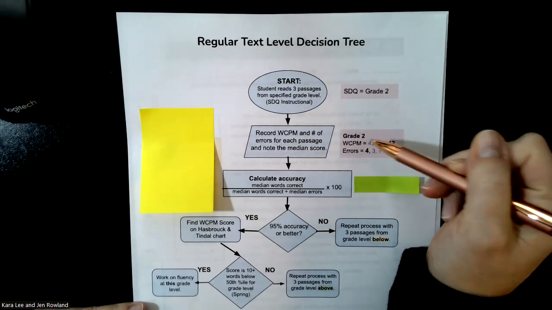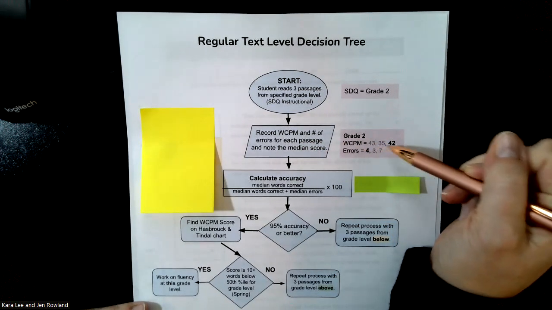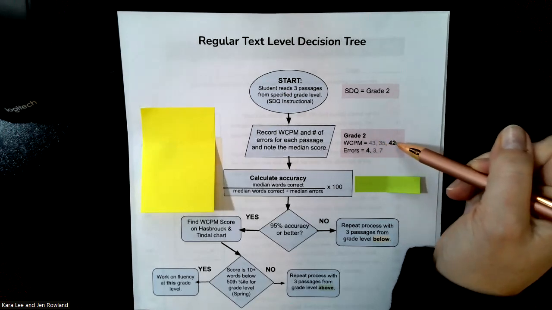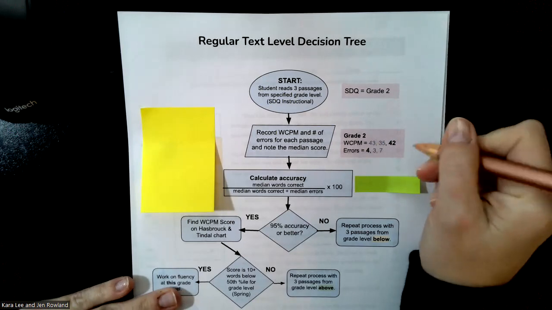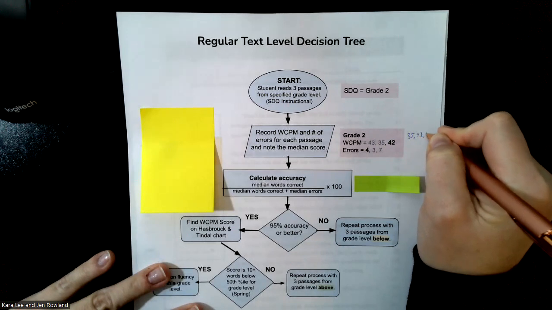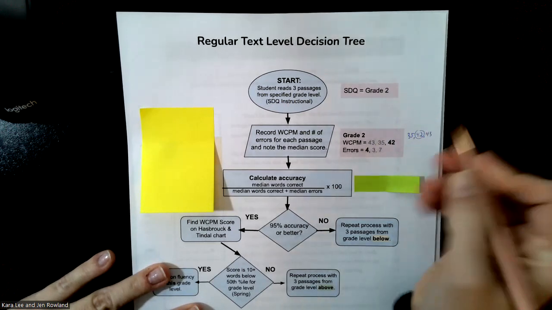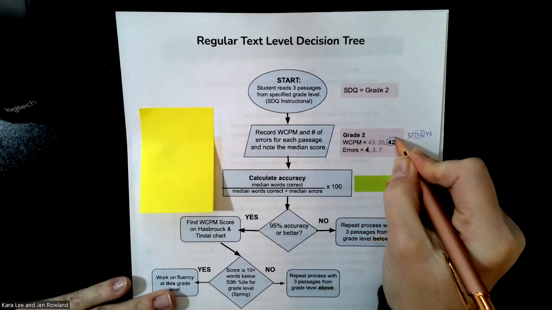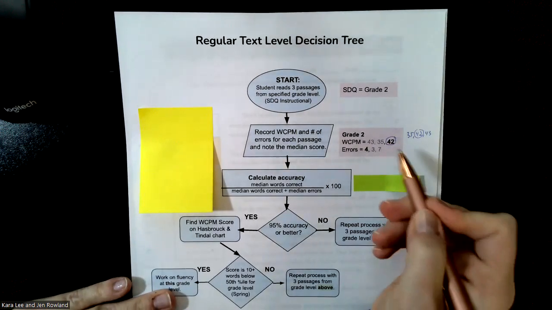So I am literally finding the score in the middle. So if I put the numbers 43, 35, and 42 in number order, that would go 35, 42, 43. Oh, there's my middle. Okay, so you see how I just bolded that for us? I'll go ahead and circle it.